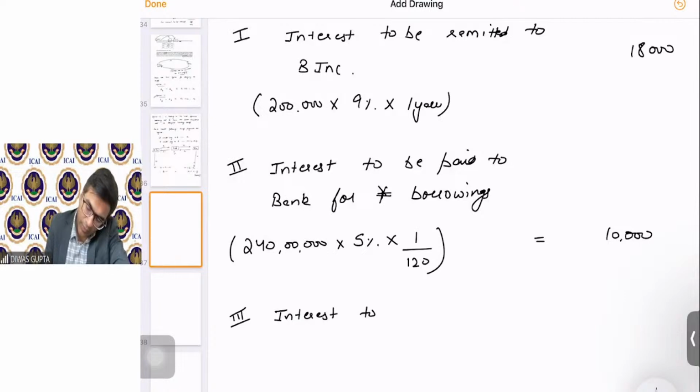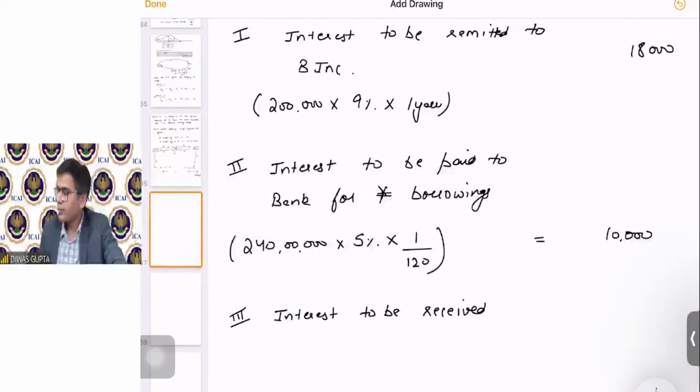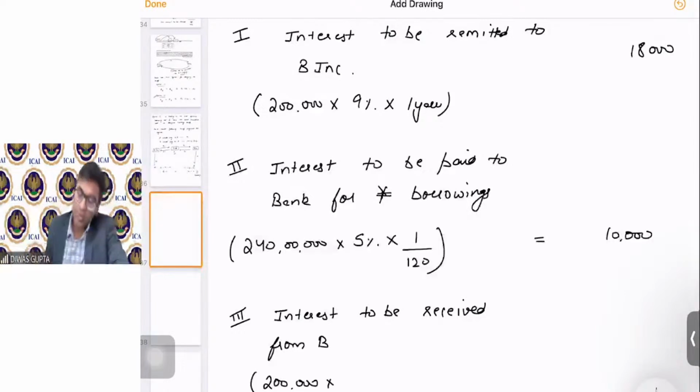Interest to be received from B. 2 lakh is the USD amount. On that, B will pay to A how much? 6% for 1 year.